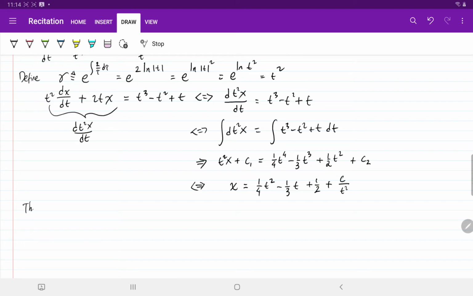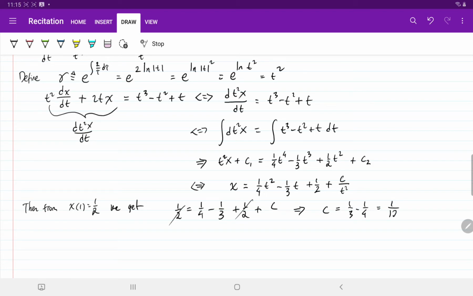Then from x1 equals 1/2, we get 1/2 equals, with t equals 1, 1/4 minus 1/3 plus 1/2 plus c. Okay, so cancels, this gives you c is 1/3 minus 1/4, which is 1/12.